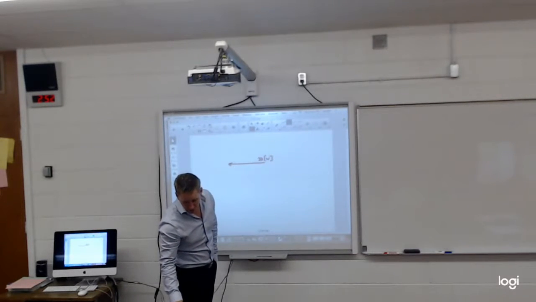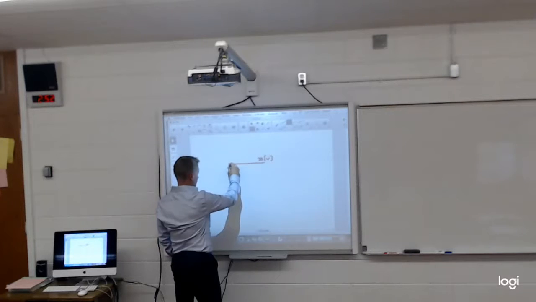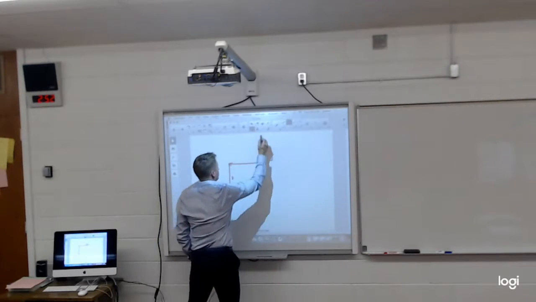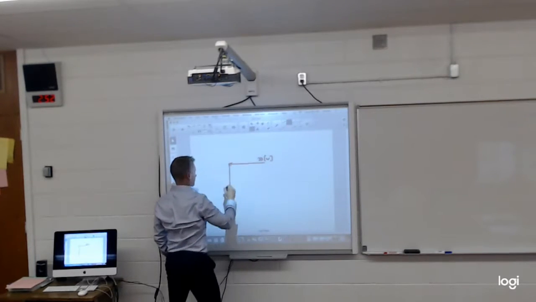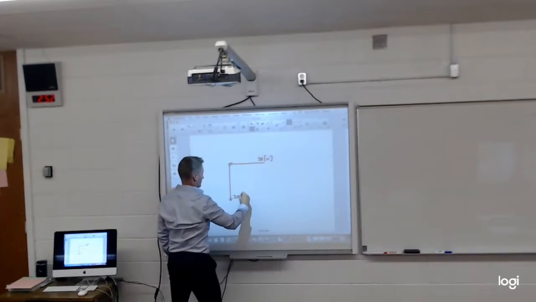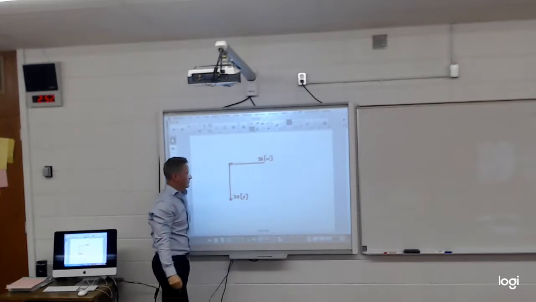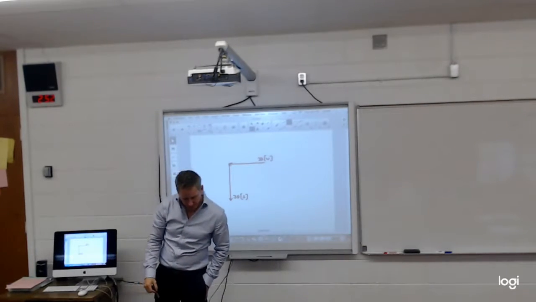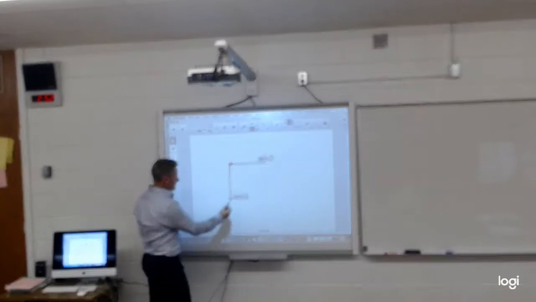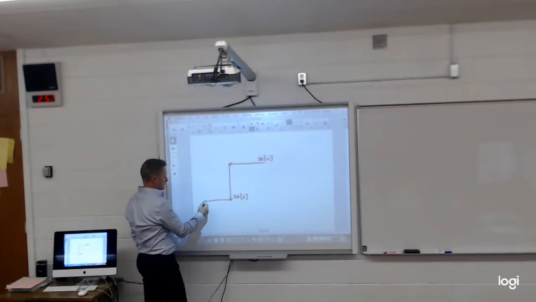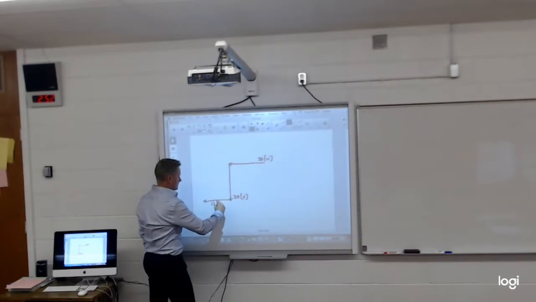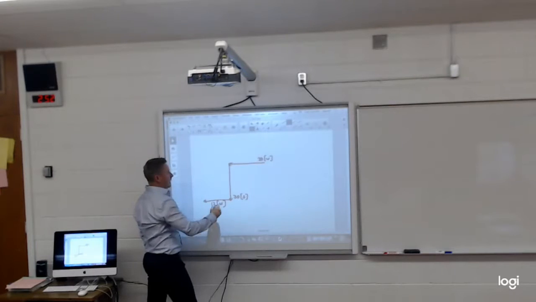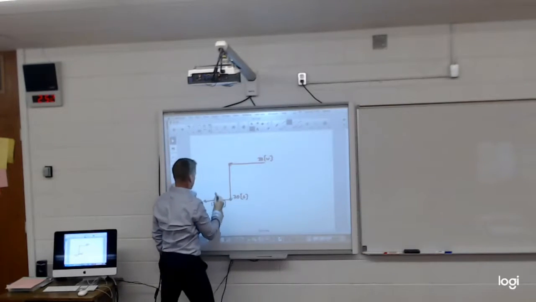And then he goes 30 to the south. Again, I should put my units in. And then another 12 to the west. And then 30 to the northeast.